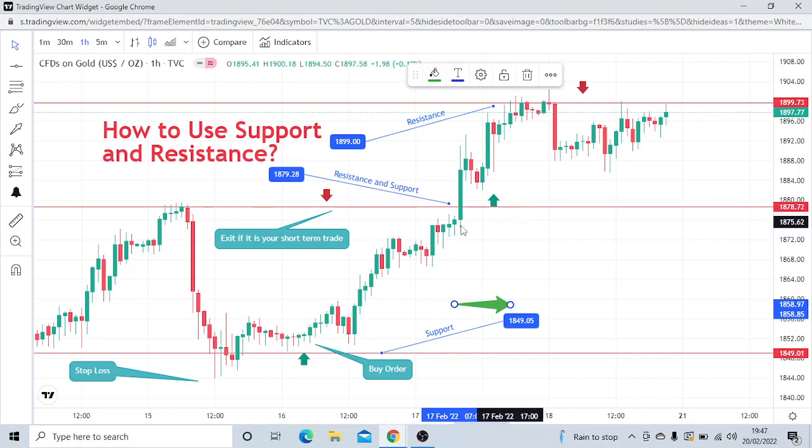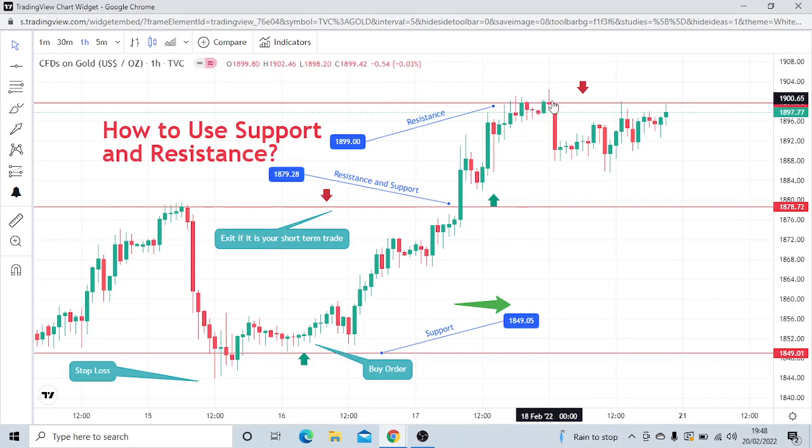Okay, so if you are a long-term trader, you can put your stop loss somewhere here, and then you can wait. See here, after that you can see the market from here. The market is breathing, and some type of resistance it has created here.